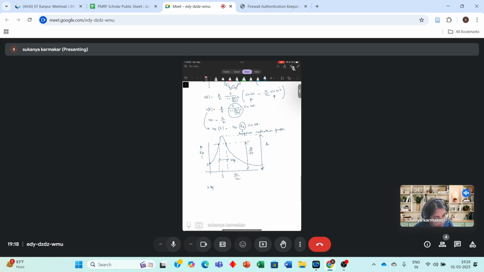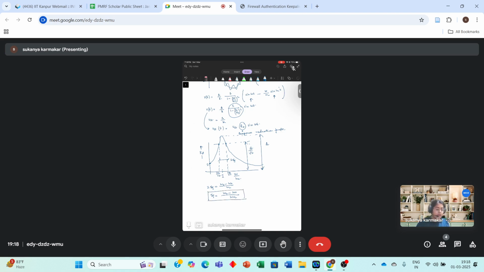So 2 zeta is equal to, let's say this is omega A by omega n, and this is omega B by omega n, and from here you can calculate zeta. Zeta is omega B minus omega A by 2 omega n.